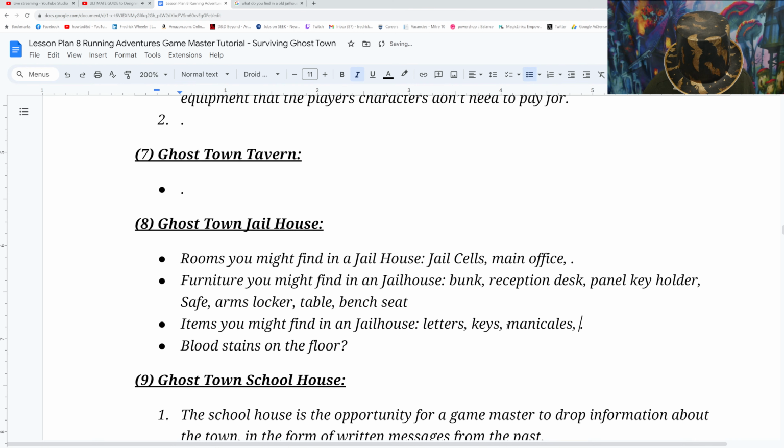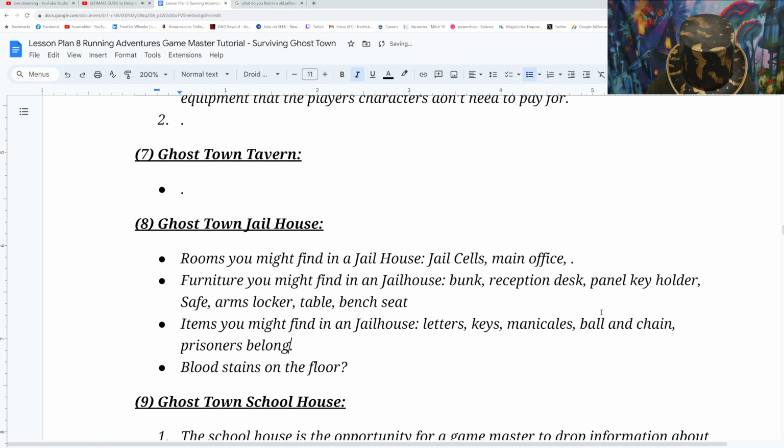Manacles. Ball and chain. Manacles, handcuffs are pretty much the same thing. Bloodstains. Prisoner's belongings. That's a good point. Haven't got that one. A neck chain. Sure. We can have many chains.